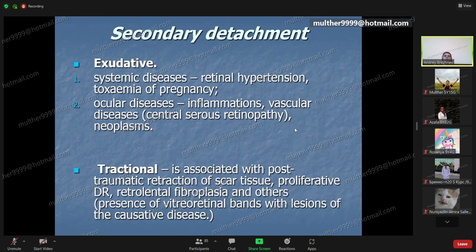Tractional retinal detachment, already discussed before, is associated with post-traumatic reaction or scar tissue of proliferative diabetic retinopathy, retinal vein thrombosis, and several other disorders. It is characterized by presence of vitreoretinal bands with damage, with the presence of the causative disease.